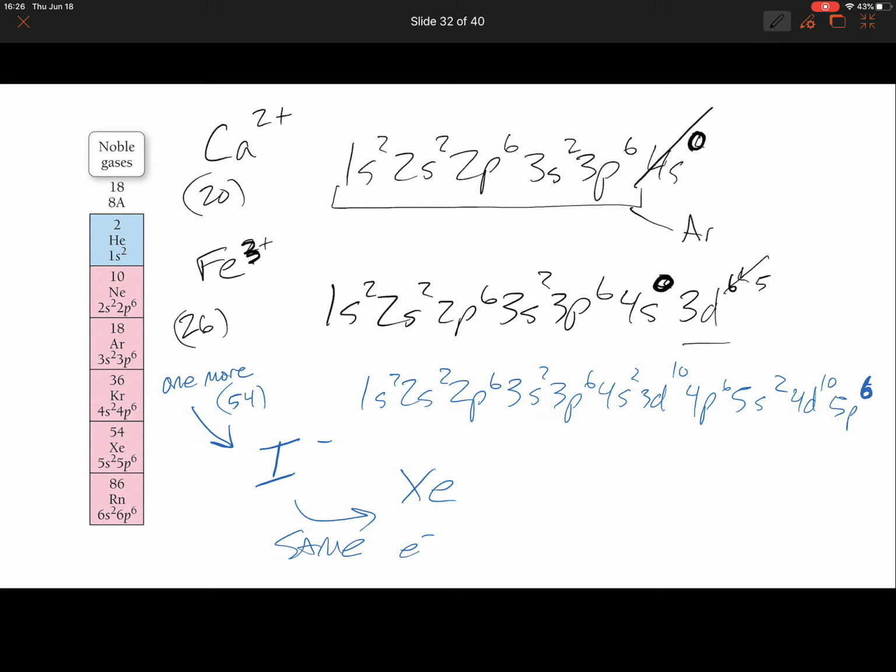So that's what you do when you are adding electrons for negatively charged ions or removing electrons for metals. You take it from the outermost shell, and in the case of transition elements, sometimes that's not the last thing you wrote. Okay.